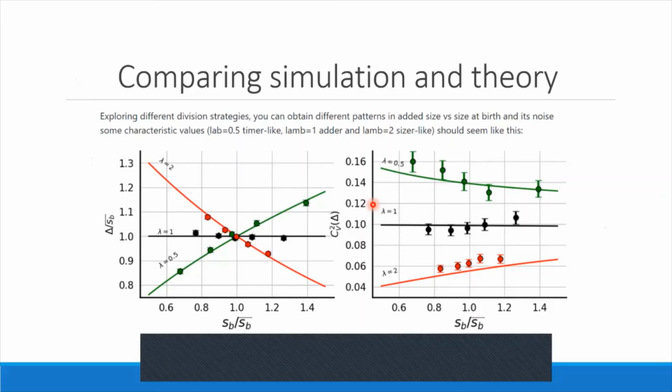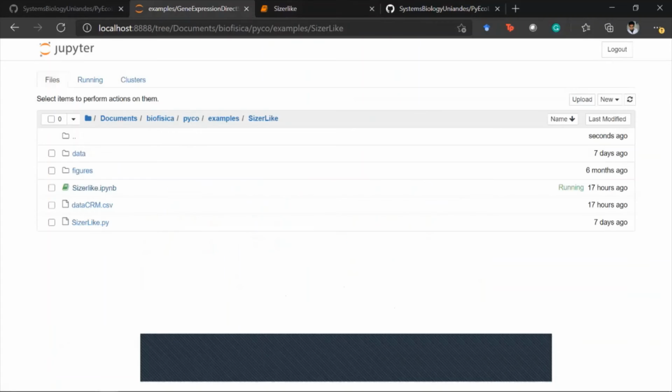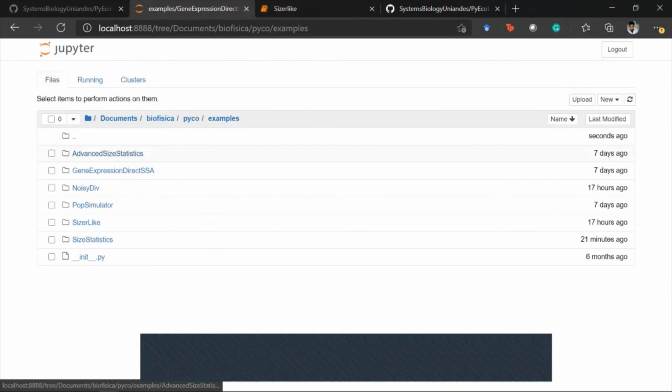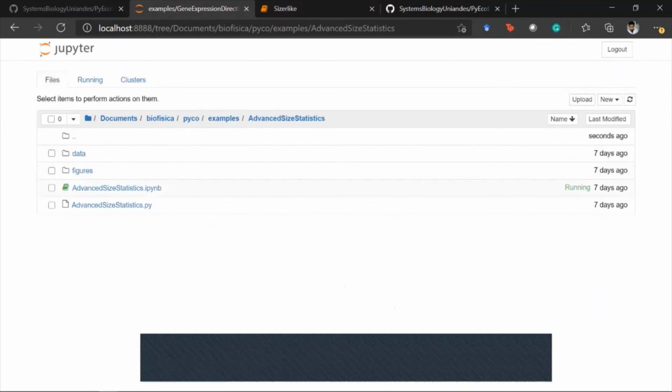You can use different lambda, and you can compare the trends using other more advanced examples that you can find in the folder Advanced Size Statistics.